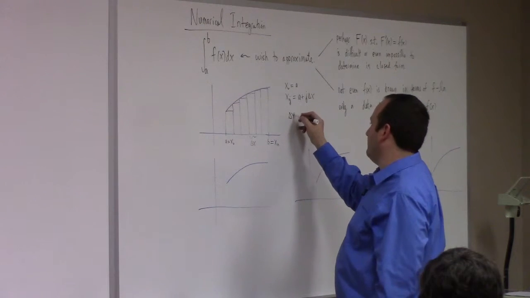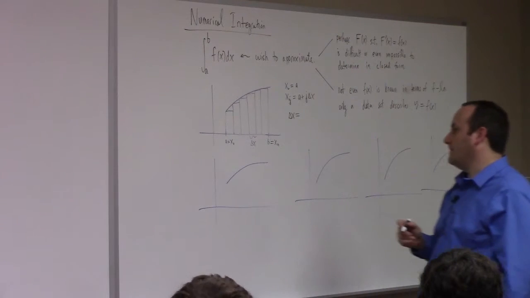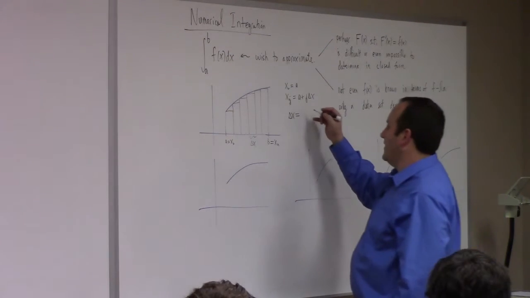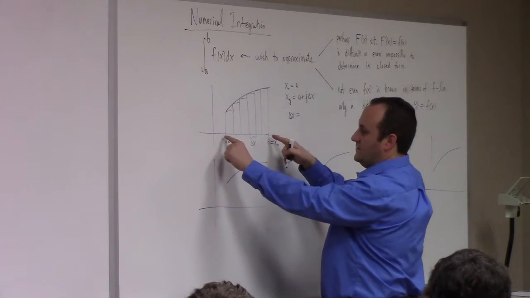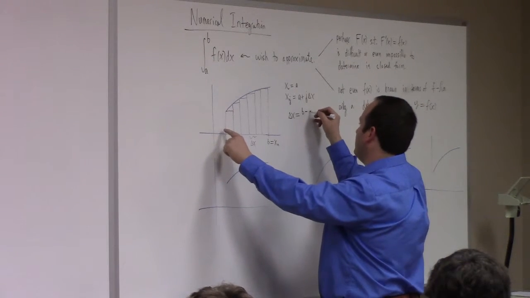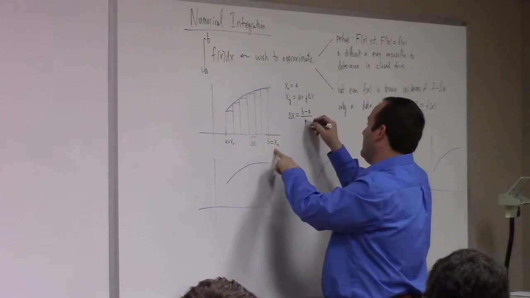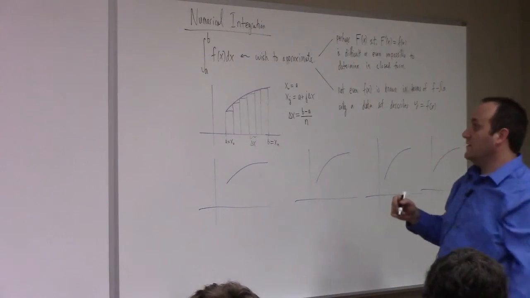Delta x is what? How about this total distance, b minus a. How many boxes do you have? By definition, n. Okay, so b minus a over n gives me the width of each box.